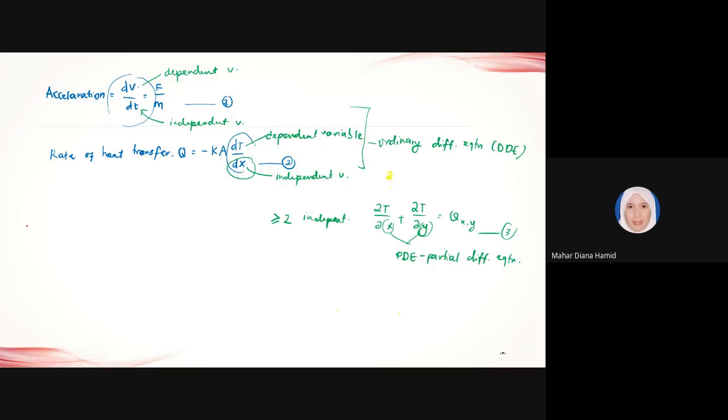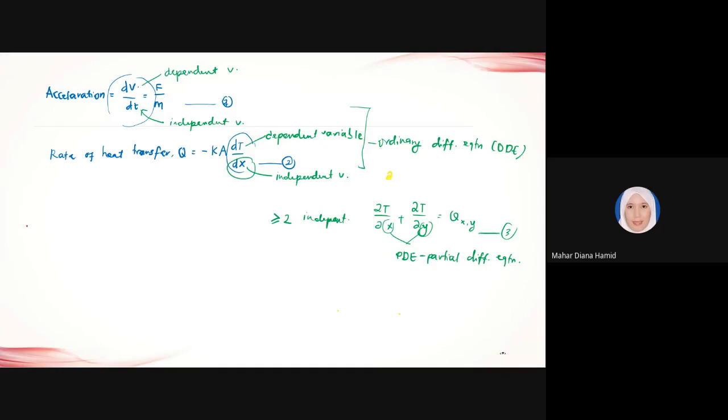So del here indicates that it's actually a partial differential equation, meaning that we have two or more independent variables that are being differentiated against. So this is PDE, partial differential equation.